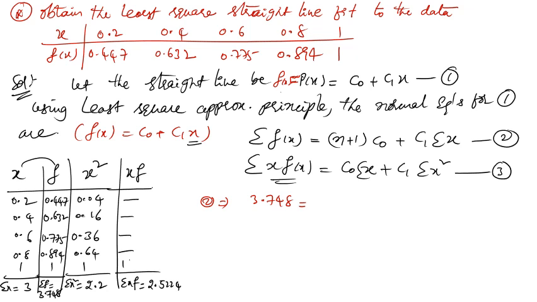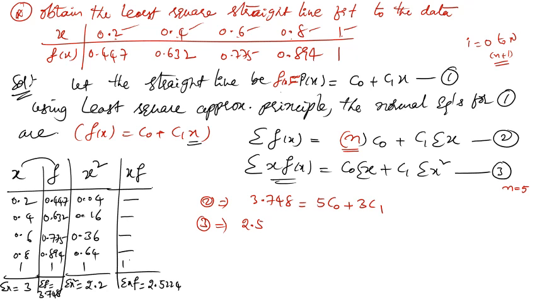Previously i is from 0 to n we considered, so n plus 1 data points, x0, x1, x2, x3, x4. Anyway, n always stands for the length of the data. What is the n value here? n equal to 5. So 5c0 plus sigma x, this is 3c1.